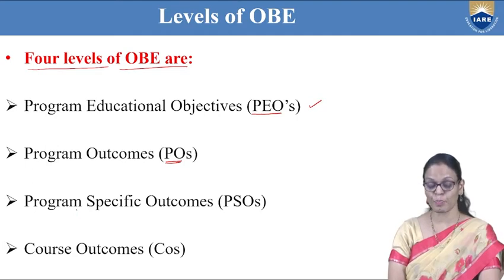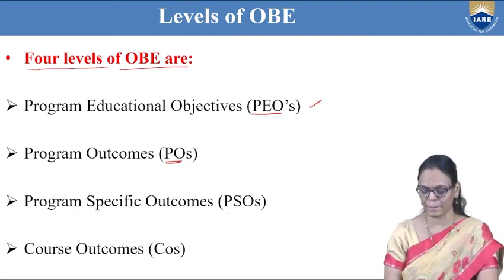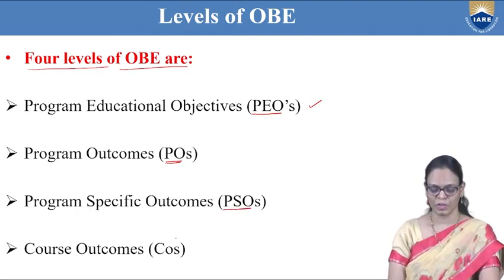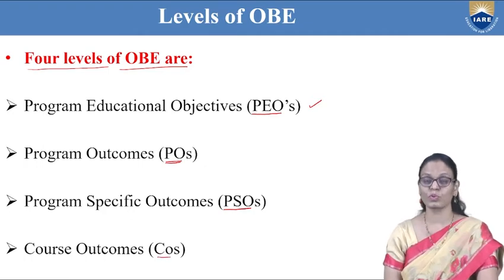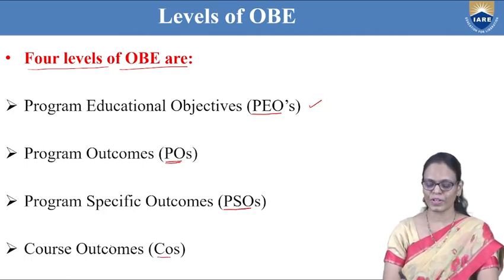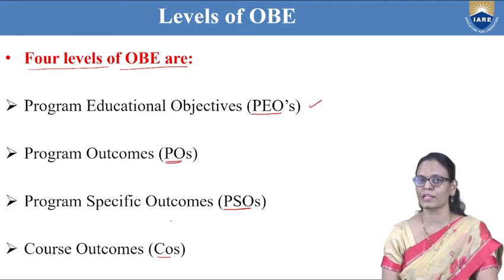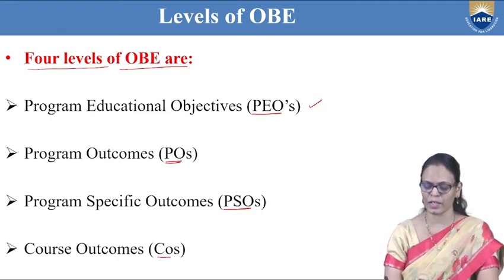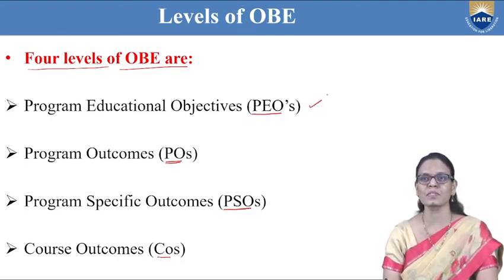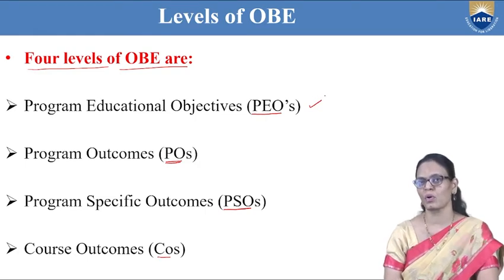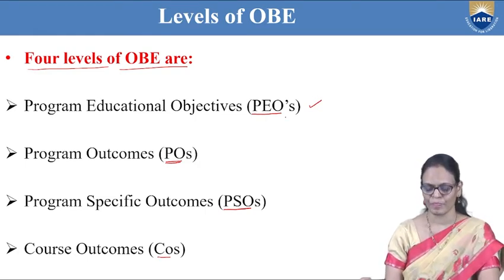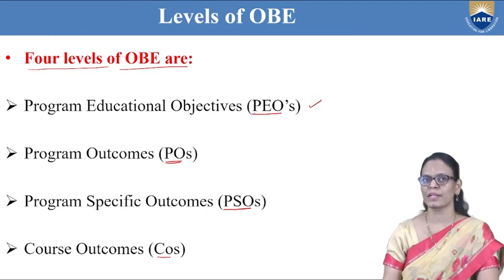The third one is Program Specific Outcome, PSO. The last one is CO, the Course Outcome. We are going to discuss all the 4 in detail and understand what program educational objectives are and how they are important in outcome-based education. One by one we are going to discuss now.